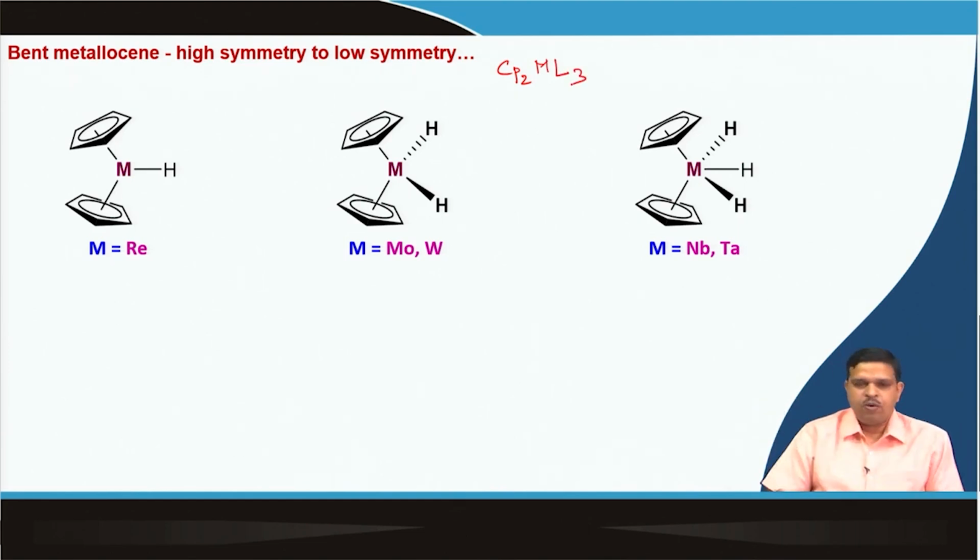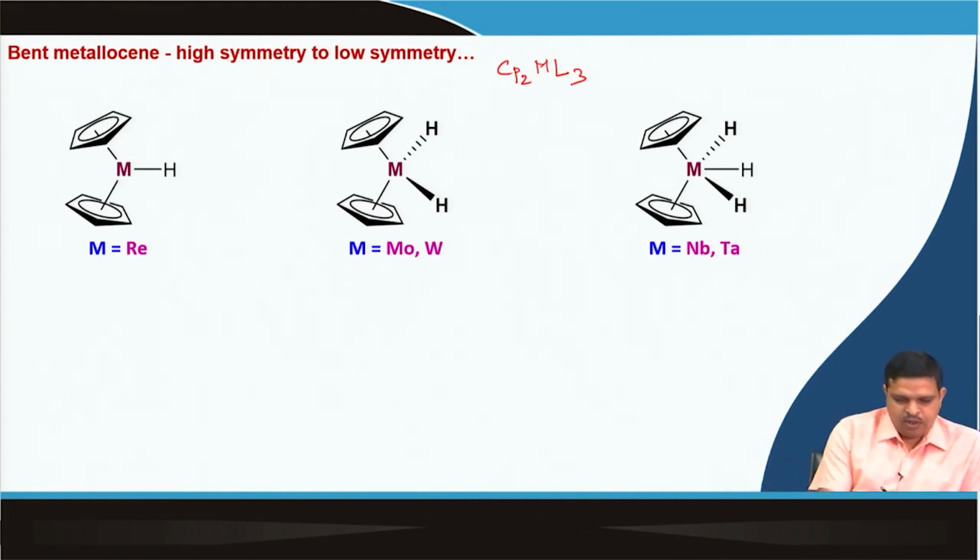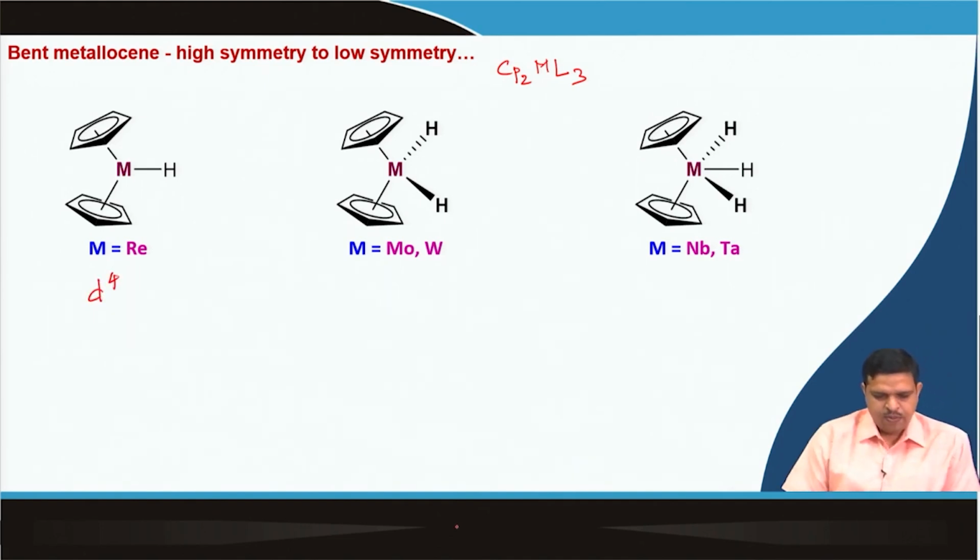Is it clear? Now, here let us say this is rhenium. So, this is the d4 case. This one is for molybdenum and tungsten, they are in the same group, and here the metals are niobium and tantalum.